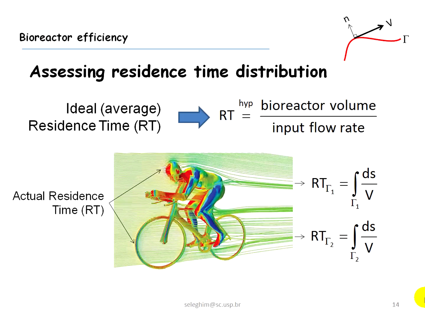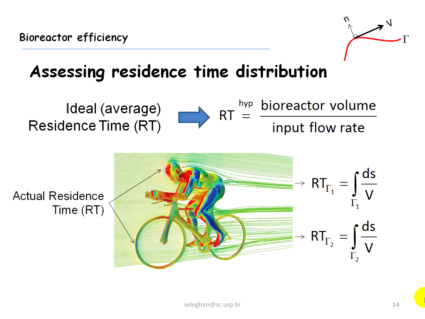In this test case, we tried to assess the residence time distribution. The concept of residence time is important because it's defined by what we call an ideal or hypothetical residence time, which is determined by the time necessary for the biochemical reaction to take place.